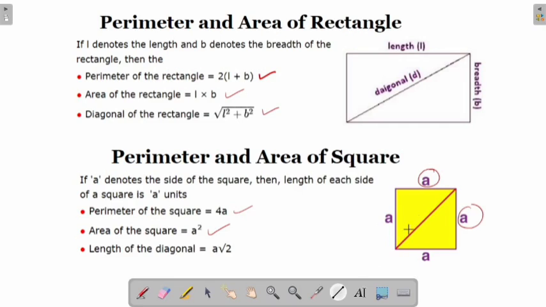This length is called your diagonal, and it is given by this formula: A root 2. This is root 2, remember. You need to note these formulas down in your copy, so you may pause the video and note them down.